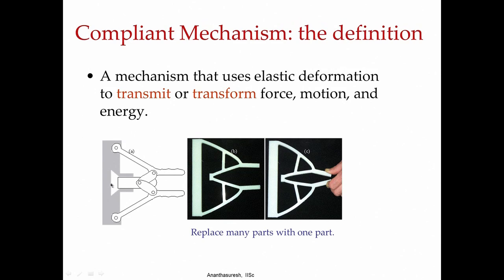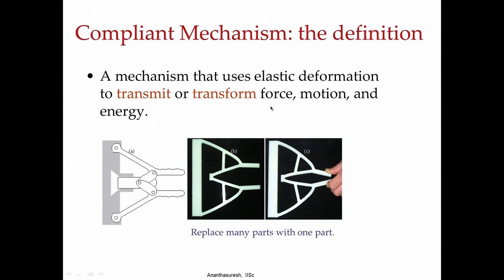It is a mechanism, because if you put an object there, it will do some work on it. The same thing you can get with a device that does not have any joints, only elastic segments here. This transforms the force that you apply in the handles to somewhere else to do some work: force, motion or even energy. The transform part of it will come a little later in this lecture.